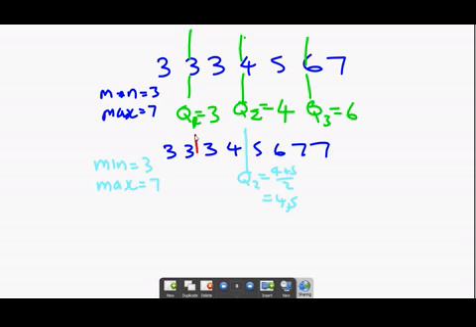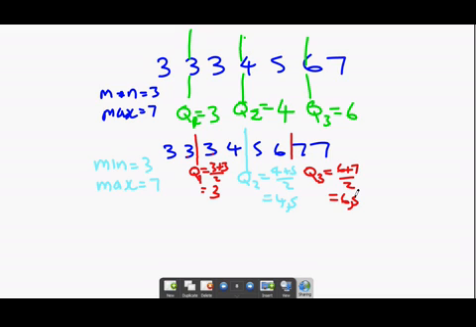But now look, quartile number 1 is in between those 2. So quartile number 1 is between 3 and 3. So I add the 3 plus the 3 and divide by 2. And this will give me 3. Quartile number 3 is in between 6 and 7. So quartile number 3 is 6 plus 7 divided by 2, which is going to give me 6.5.